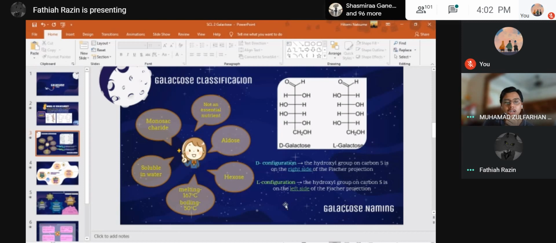Galactose is also an aldose and hexose, and the melting point of galactose is 167 degrees Celsius, and the boiling point of galactose is 500 degrees Celsius, and lastly, galactose is soluble in water.